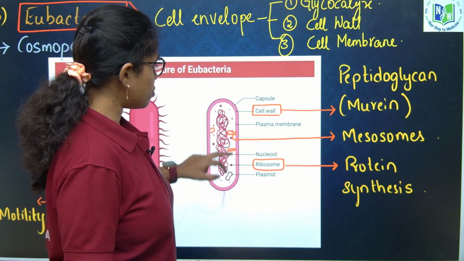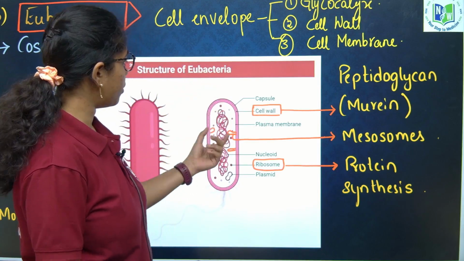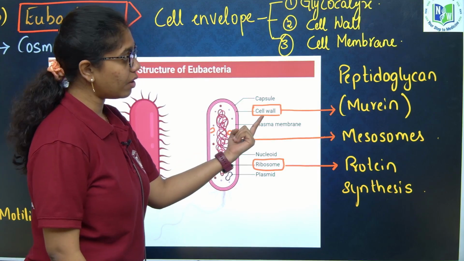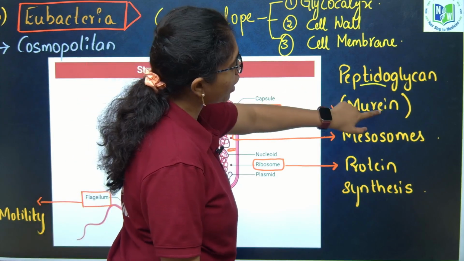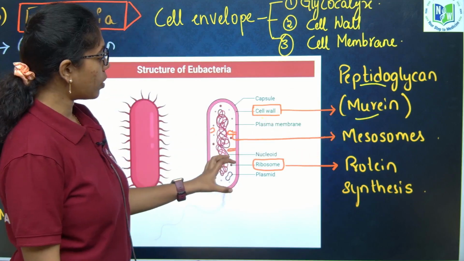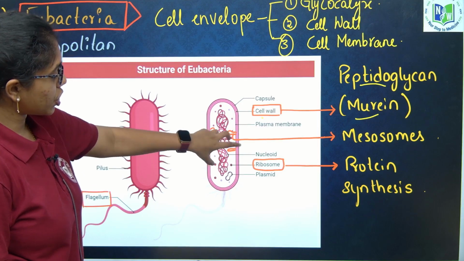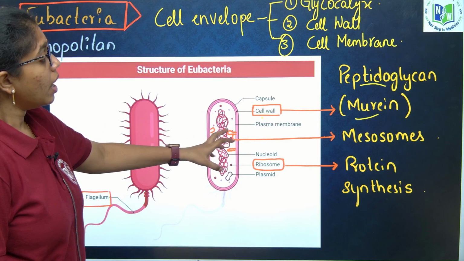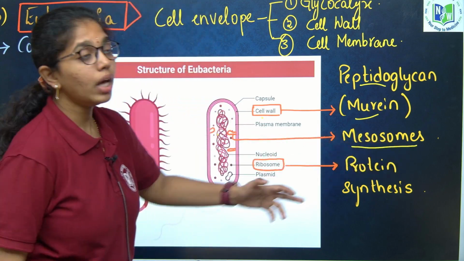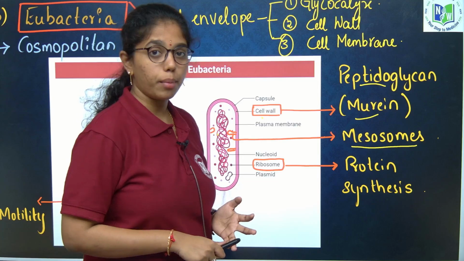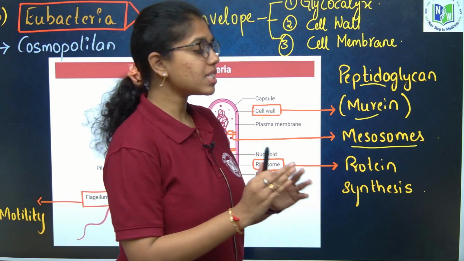Here it is the capsule, which is thick and tough. Below the capsule you have the cell wall, which is composed of peptidoglycan or murein. Mesosomes are plasma membrane extensions into the cytoplasm. Their functions include DNA replication, cell wall formation, respiration and secretion.